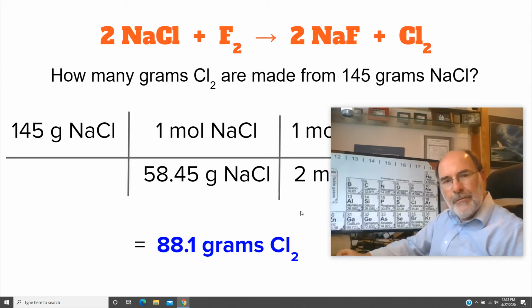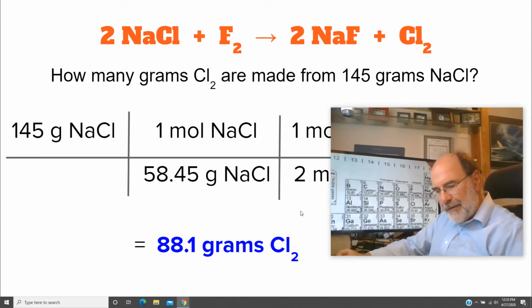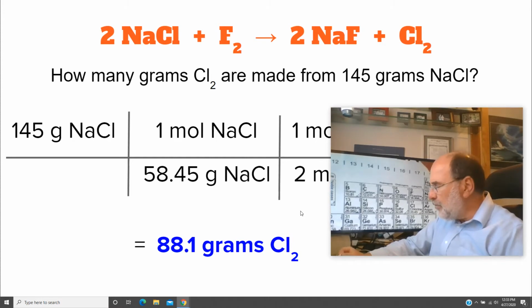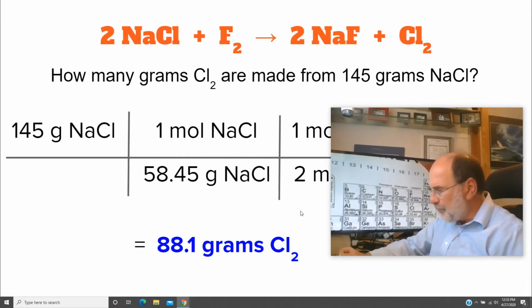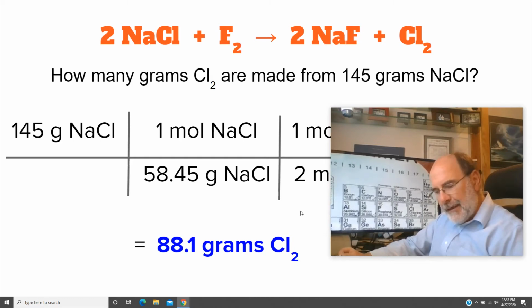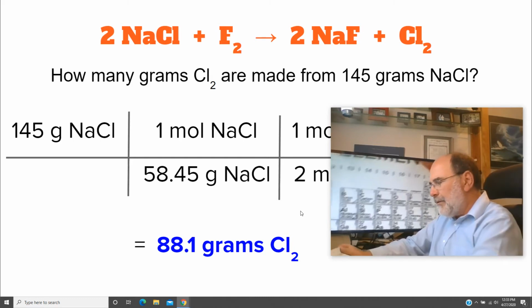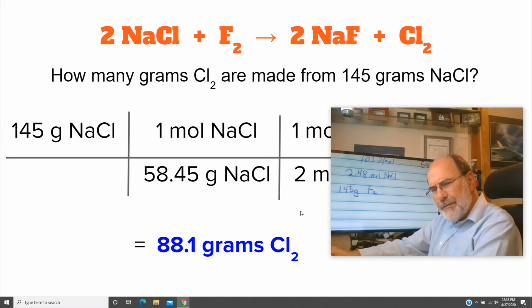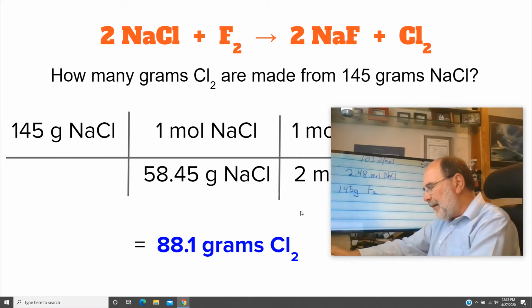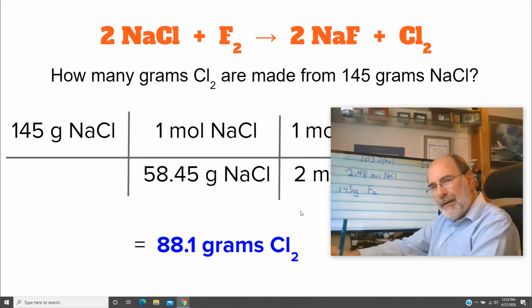So I'm going to go 145 divided by, open parentheses, 2 times 18.998, close parentheses. So what I'm doing in my calculator, very rapidly, is I'm saying I need to know how many grams there are in 1 mole of fluorine gas.